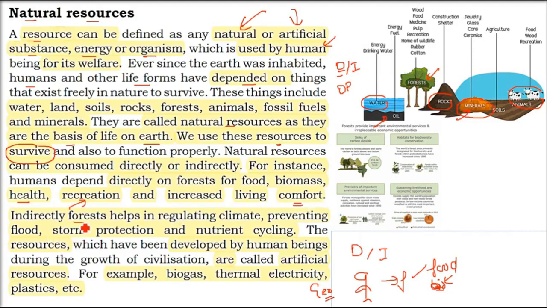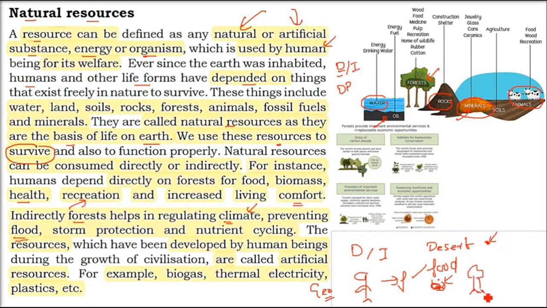This is directly using. How about indirectly using the resources? How does the forest serve indirectly? Forest is regulating the environment. It's regulating the climate. Because if you go to desert, all these plants have thorns, and these thorns save water. This is what I'm talking about, regulating the climate.